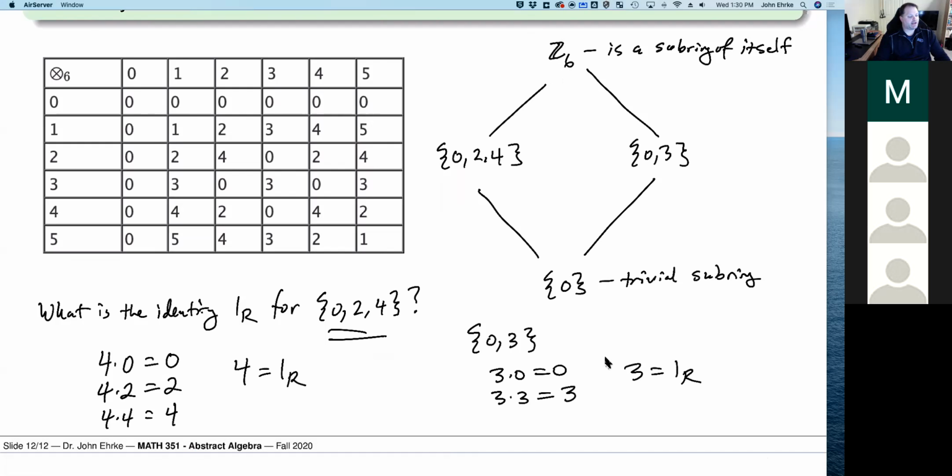But what I want you to understand here is the identity element for Z6 is 1, and the identity elements for the subrings do not have to be 1. They can be different elements, and you need to be very careful about that. We're going to see some other examples, especially with these composite modulus rings, where this is the case.